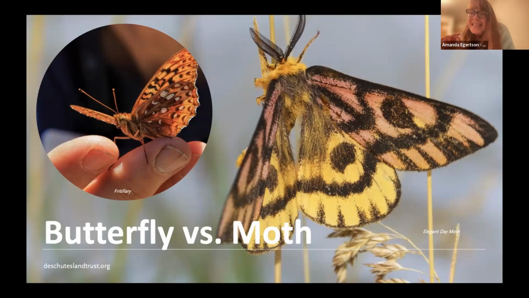So if you look at the antenna, that is going to be your best indicator of whether a little winged creature you see during the day is a moth or butterfly. You can see on the left, I don't know if you can see my mouse, but here at the tip of the antenna is a little ball or a little swollen part of the antenna. So you have a straight filament that goes into a ball.